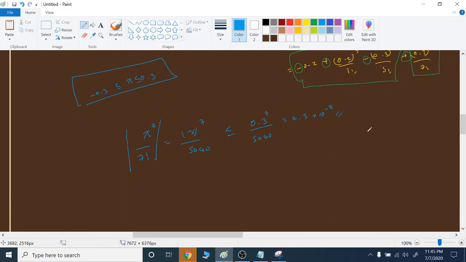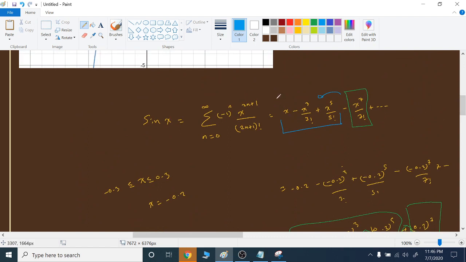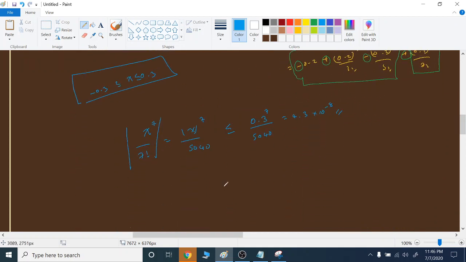Therefore, from the alternating series approximation theorem, the addition of the first 3 terms will give an error less than this amount, or in other words, when you compute T5, the 5th degree Taylor polynomial, the error caused by that will be at most this amount.